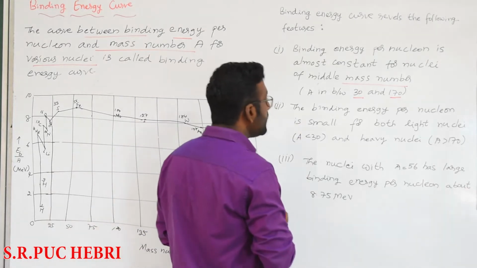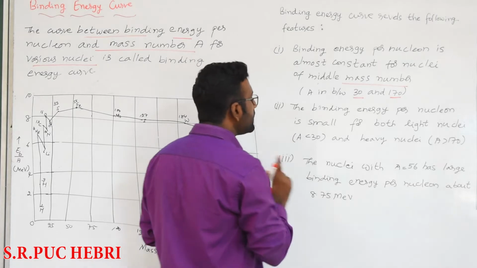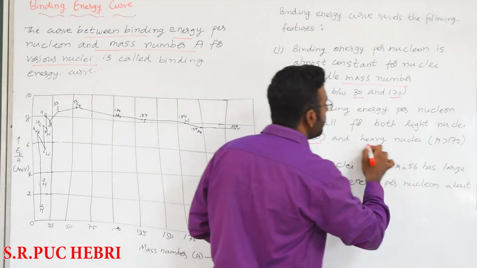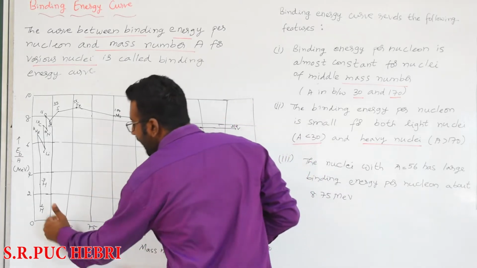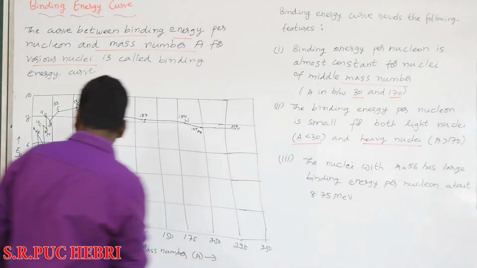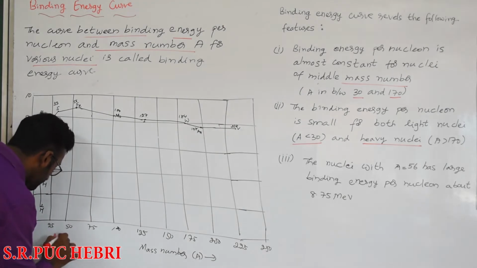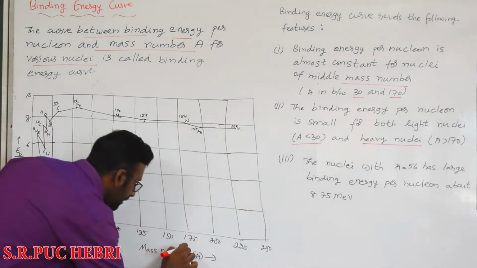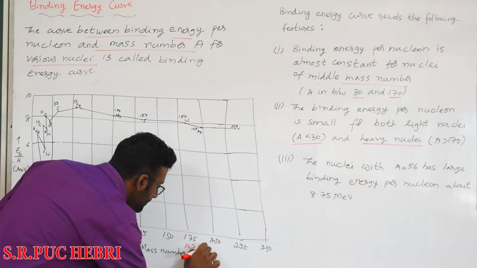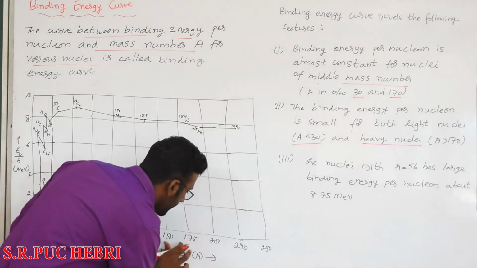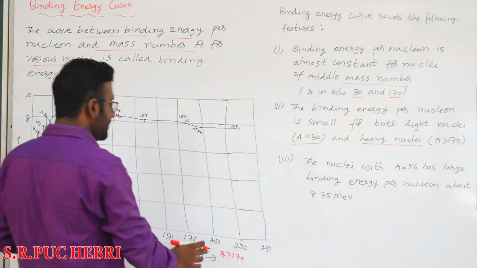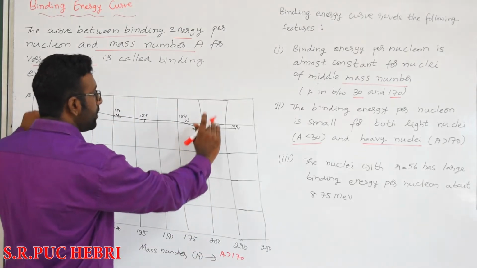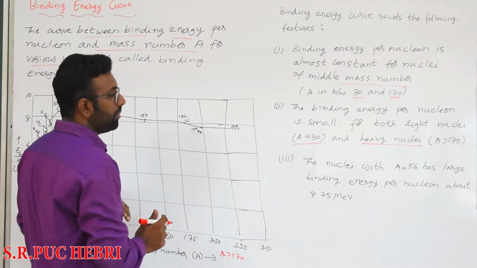Then, binding energy per nucleon is small for both light nuclei and heavy nuclei, that is, for A less than 30 and A more than 170, the value remains small.